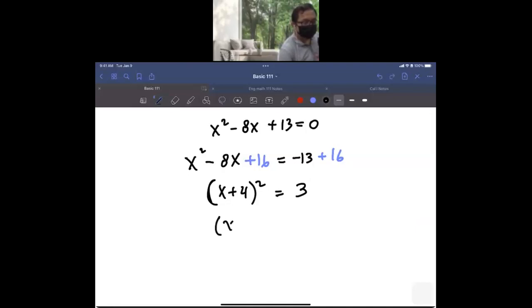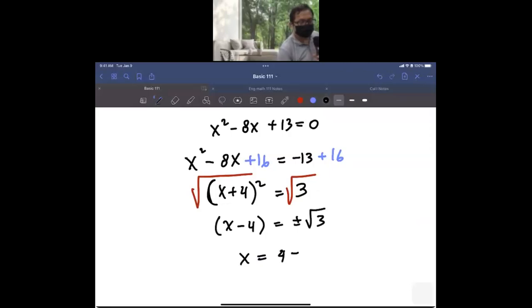We can square root both sides. Now this will be plus minus square root of 3. So x will be 4 plus minus square root of 3.